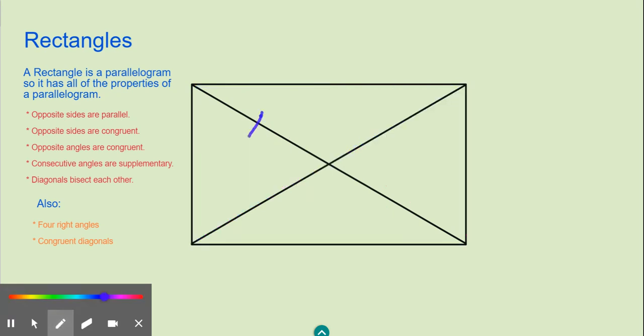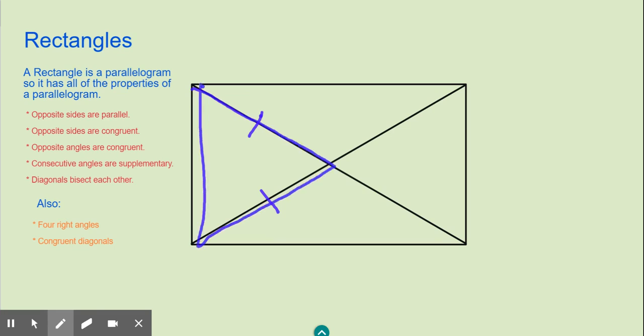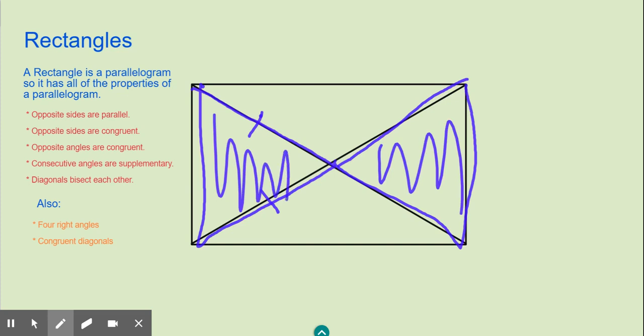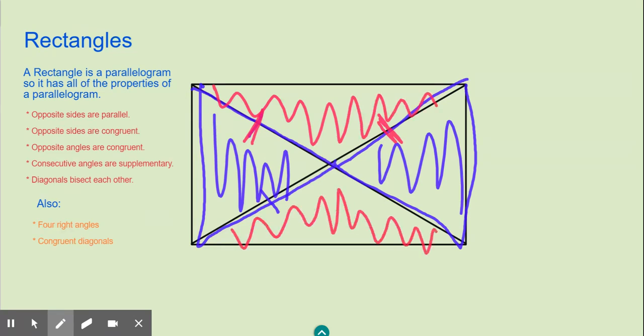Well, if this side and this side are congruent to each other, then we have an isosceles triangle. And that triangle is congruent to this triangle right here. So we have that relationship. Additionally, over here, we have congruent sides as well. So this triangle is congruent to this triangle. So there's lots of congruence happening in a rectangle.